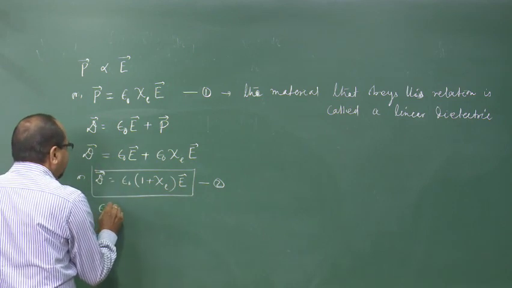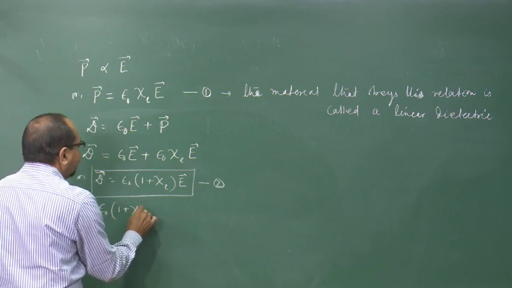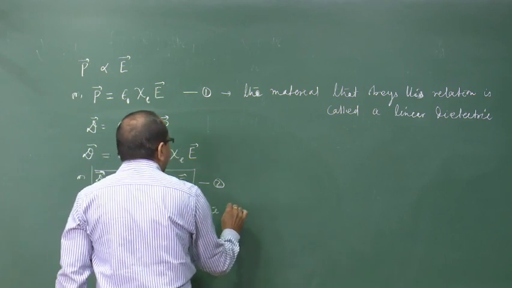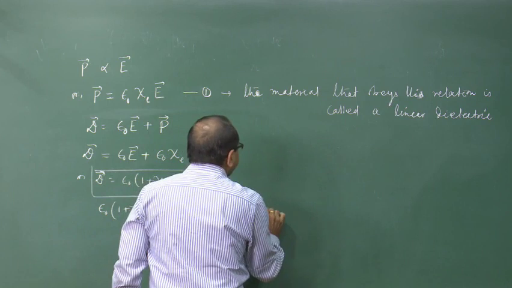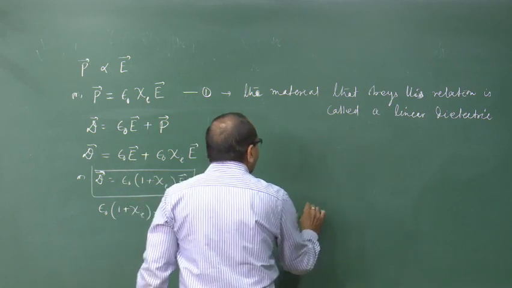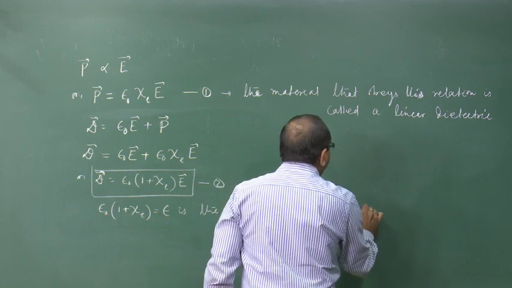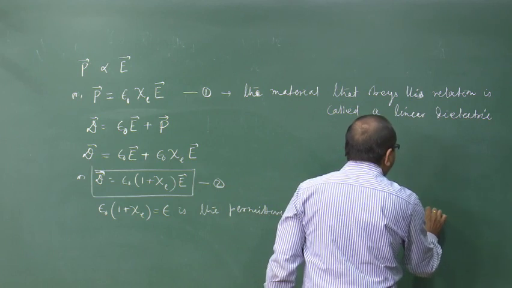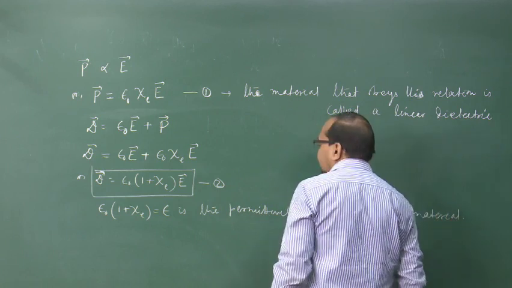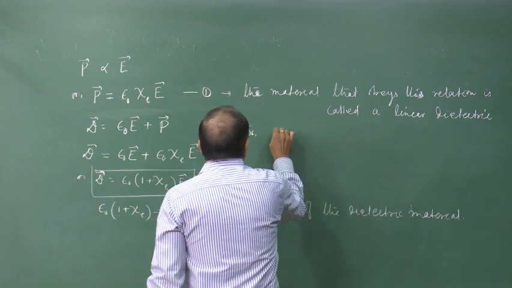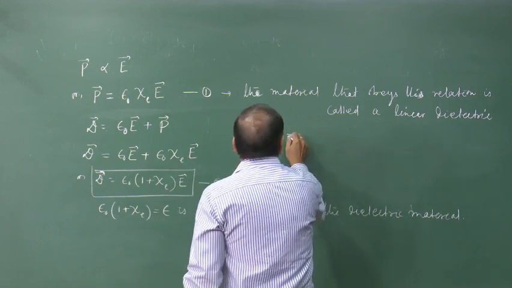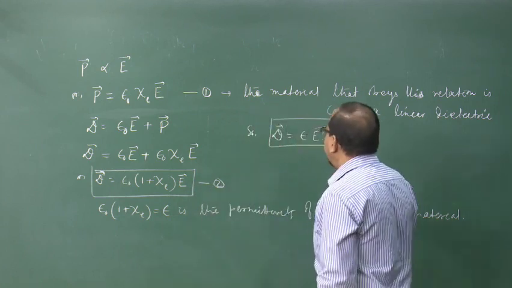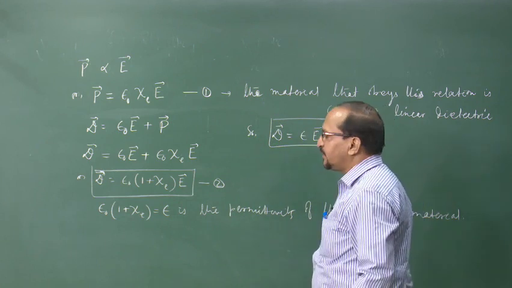And we write this epsilon naught into 1 plus chi E as epsilon, which is the absolute permittivity of this dielectric material. So, our D becomes epsilon into E. This is the relationship between displacement vector and electric field vector, say equation 3.